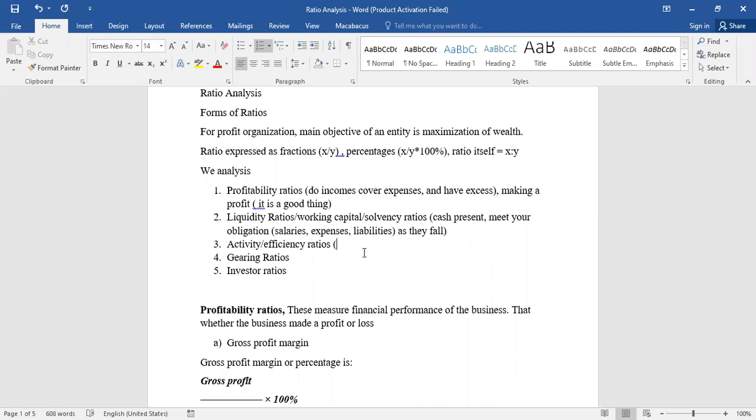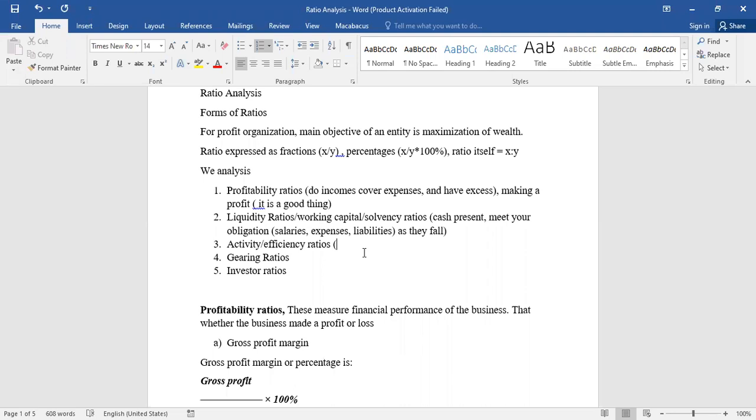By being efficient, I mean if you have a motor vehicle, how many trips does it make? If you're using motor vehicles to deliver sales, how many trips does it make? If it's making many trips, we say it's efficient.